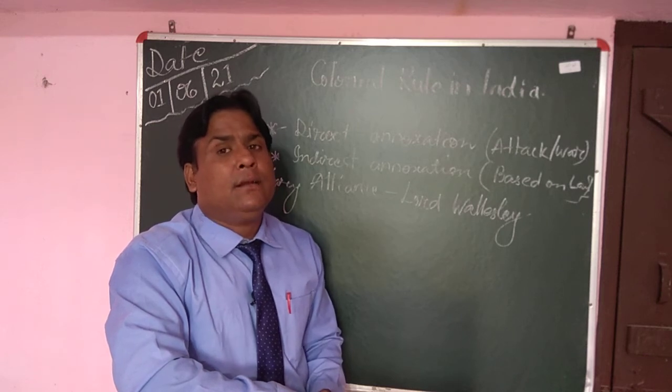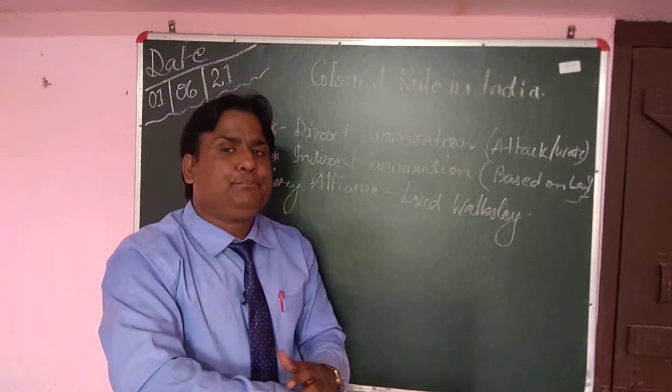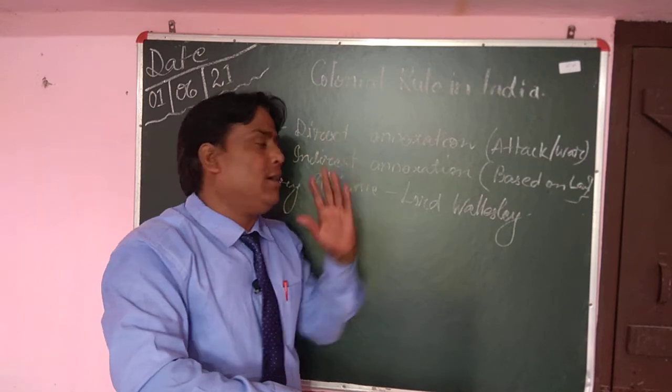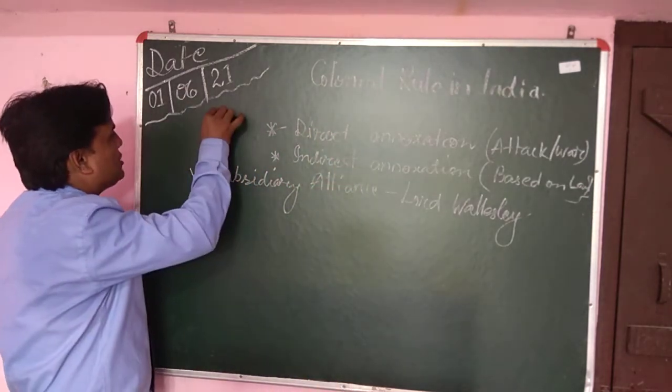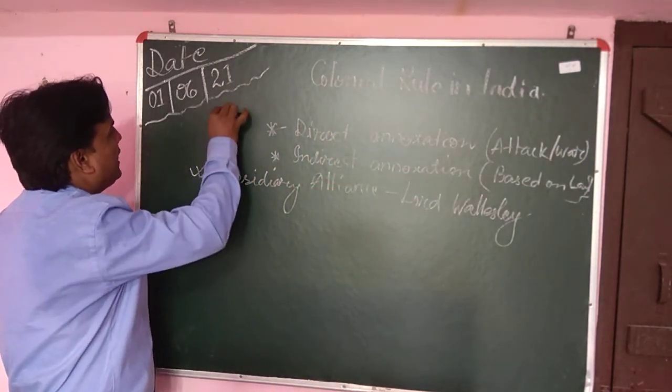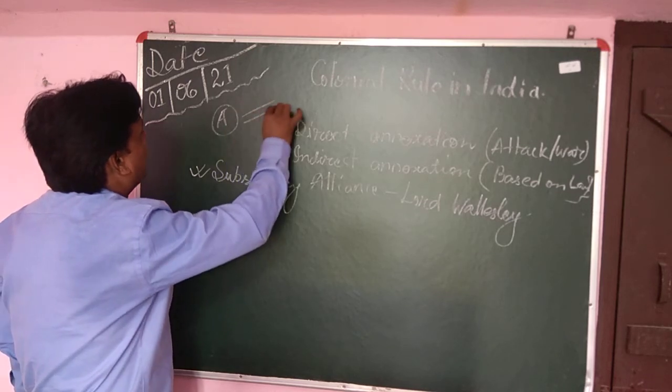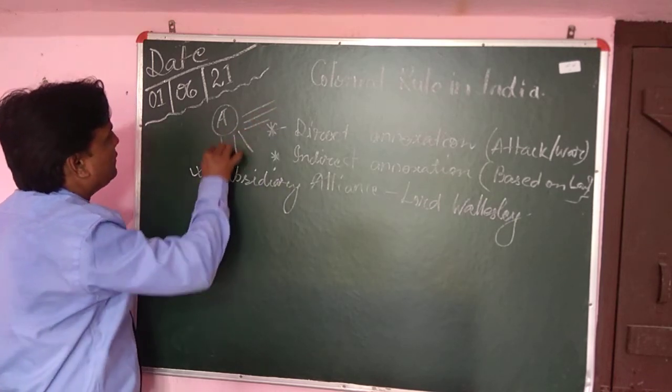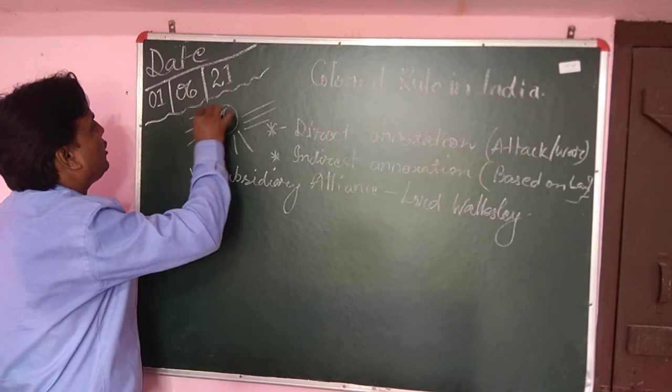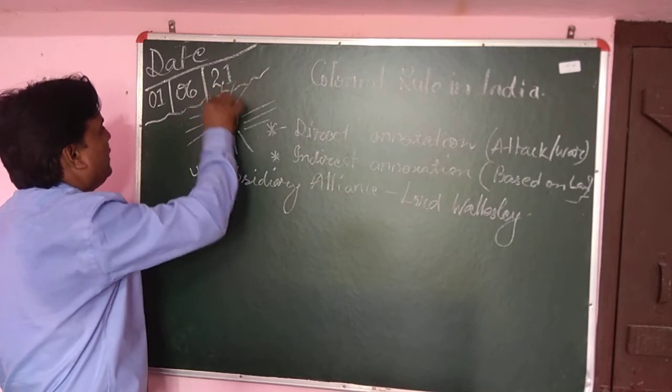Suppose there is a kingdom named A, and A's area is very far from all sides. It rules very far off places.